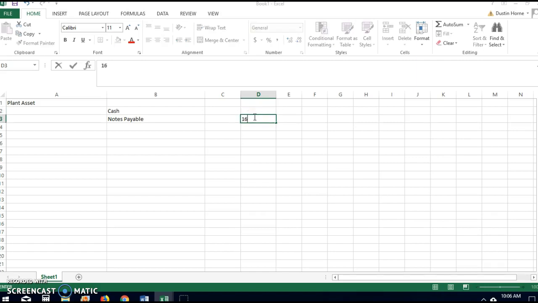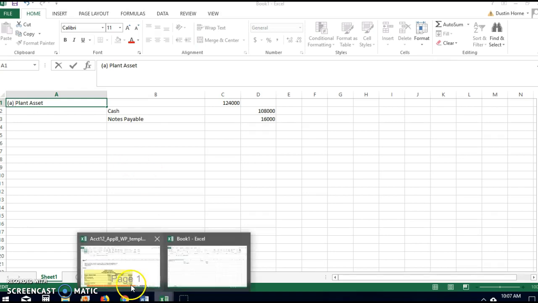So $16,000 here, $108,000 here. So our debit for the plant asset would be $124,000. So that's what our entry would look like for journal entry A. So let's go ahead and look at that on our spreadsheet here.